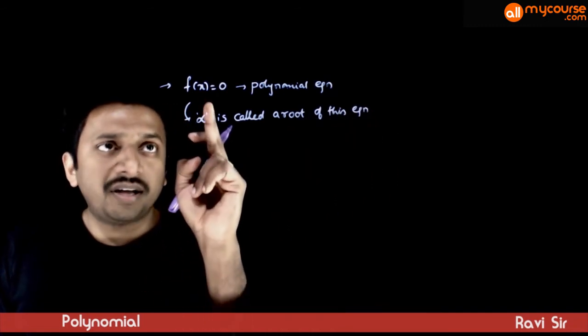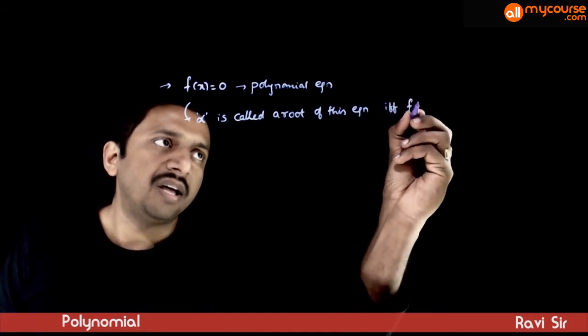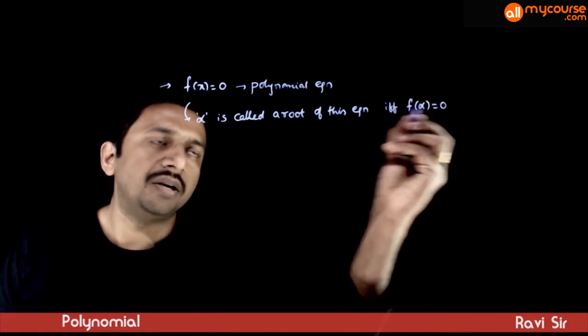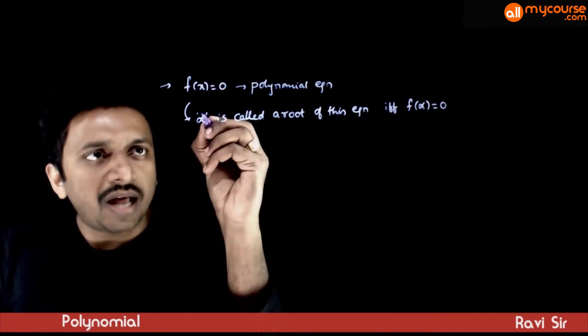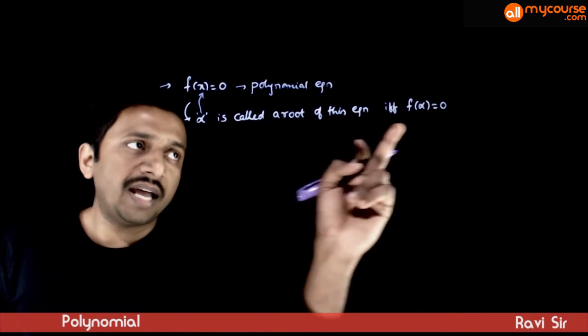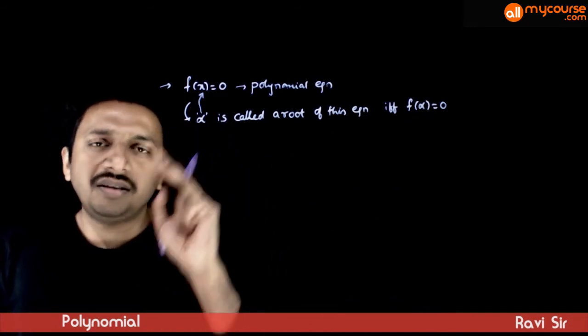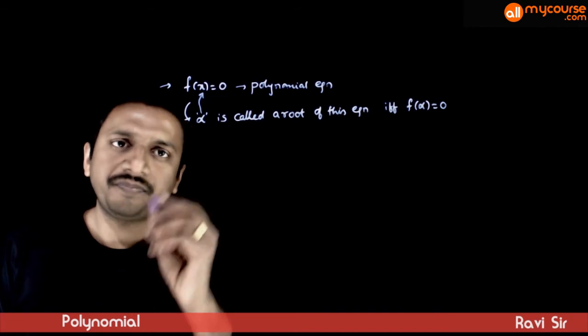A number alpha is called a root of this equation if and only if f of alpha is equal to 0. So if you put alpha in the place of x in the polynomial and you get 0 as the answer, then we say that this number alpha is the root of this equation.